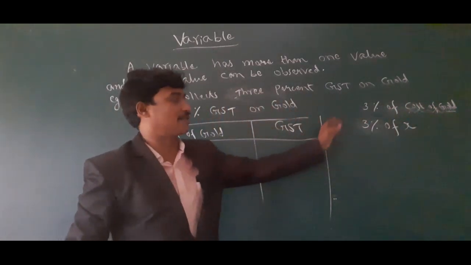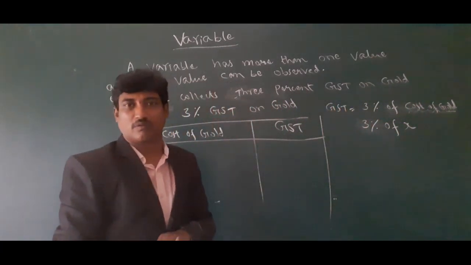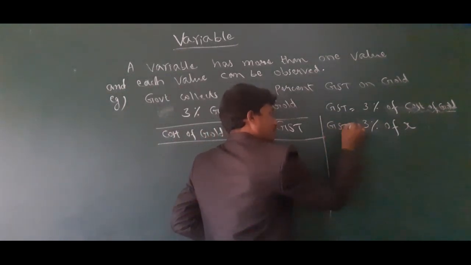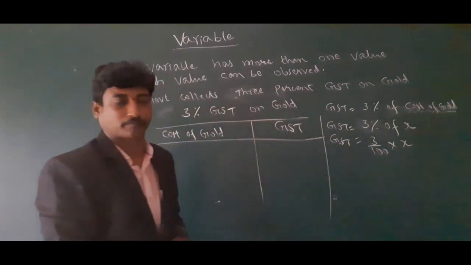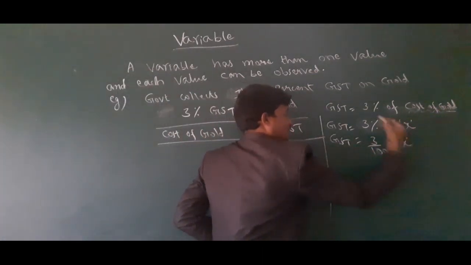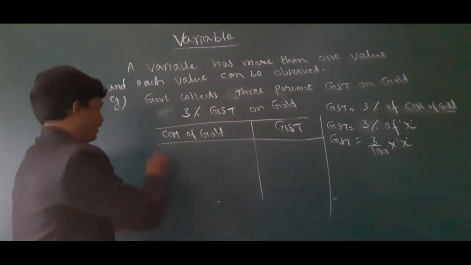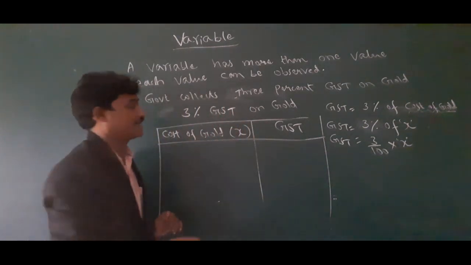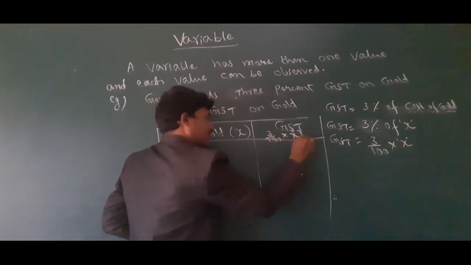Then the GST is 3% of x, that is 3 by 100 of x. And x is the cost of the gold that we buy.